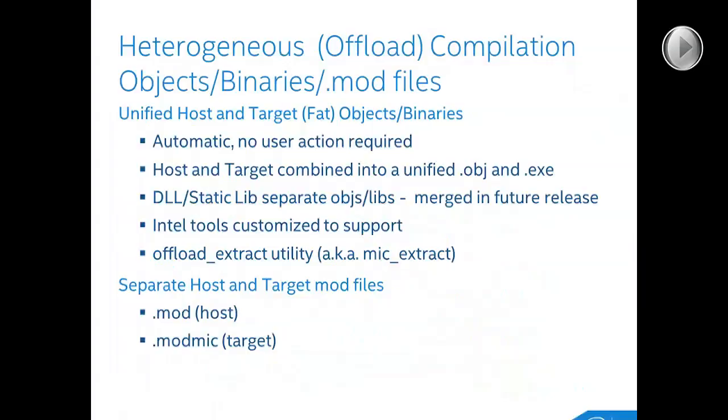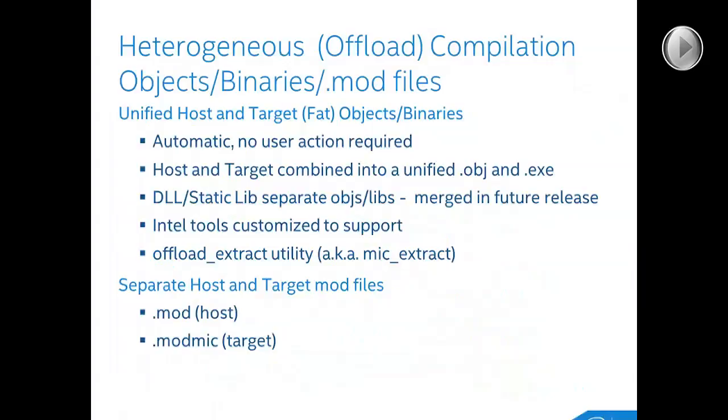Within the offload compilation and this unified compilation, the host and target compilations do in fact generate unique object files. But with the objects and the executable, the Intel compiler and other associated tools unify the object files into a single .obj on disk, as well as a single .exe.